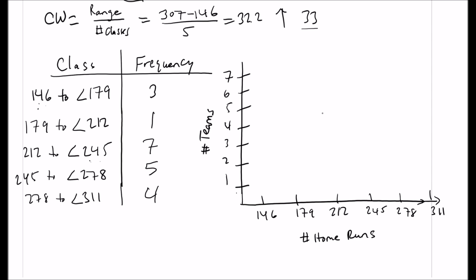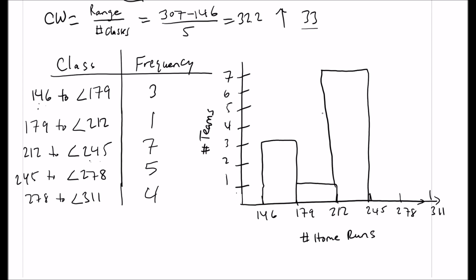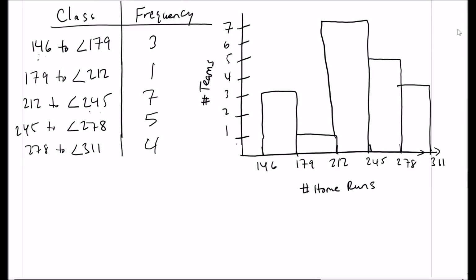From 146 to 179, there were 3 teams that hit that many home runs. Then only 1 team. Then 7 teams. Then 5 teams. Then 4 teams. So here's our distribution.